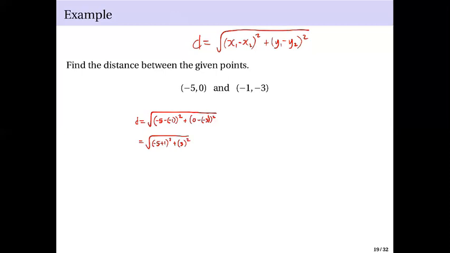So I'm doing this completely. Then -5 plus 1, that's -4 squared plus 3 squared. And -4 squared, that's 16. Plus 3 squared, that's 9. And 16 plus 9, that's 25. And we get the square root of 25, which is equal to 5. So the distance between -5, 0 and -1, -3 is equal to 5.